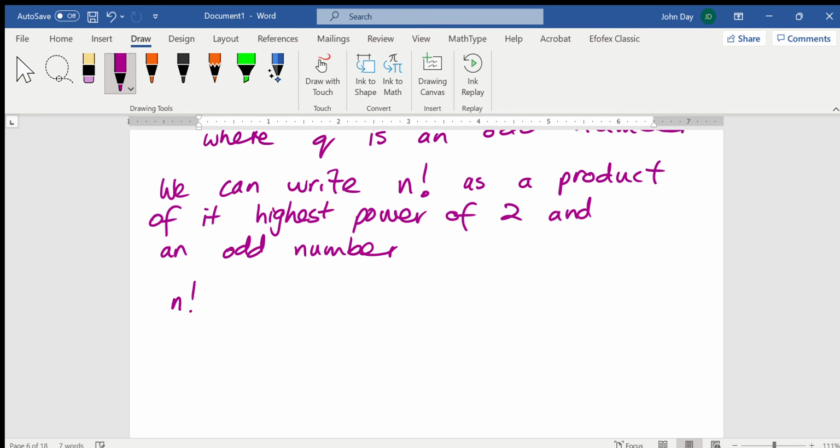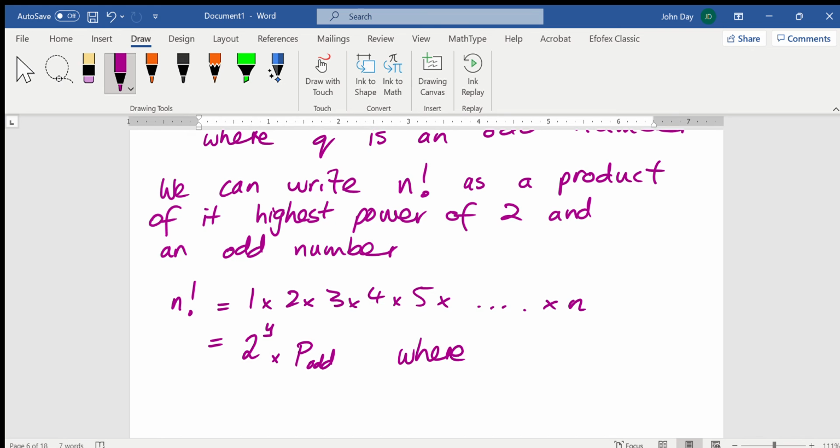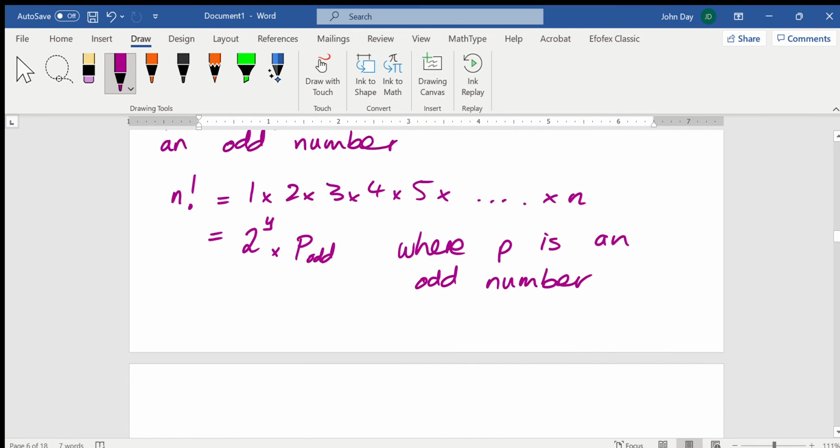So n factorial is 1 times 2 times 3 times 4 times 5 all the way up to n, and that's equal to 2 to the y times some odd number, and I'll write p, where p is an odd number, and 2 to the y is the highest power of 2 that'll go into n factorial.